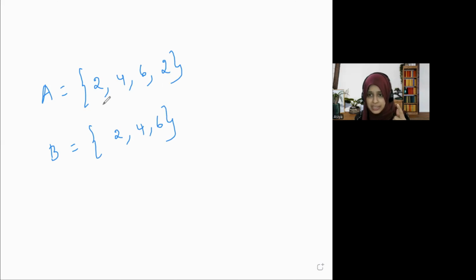The elements of set A should be present in set B. 2 is present, 4 is present, 6 is present, 2 is present. Again, 2, 4, 6. So whatever elements I have in set A are present in set B, though they are repeated, yes, they are still said to be my equal sets. Though the elements might be repeated, I will still call them equal sets because whatever elements I have in set A, I have the same elements in set B.